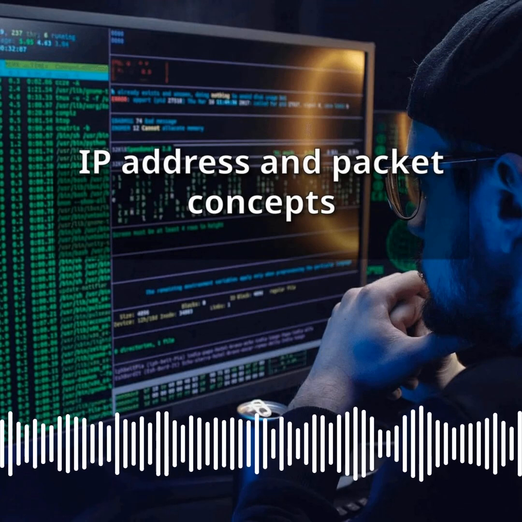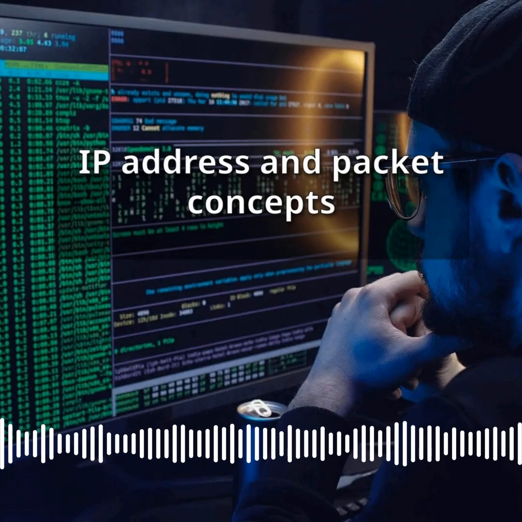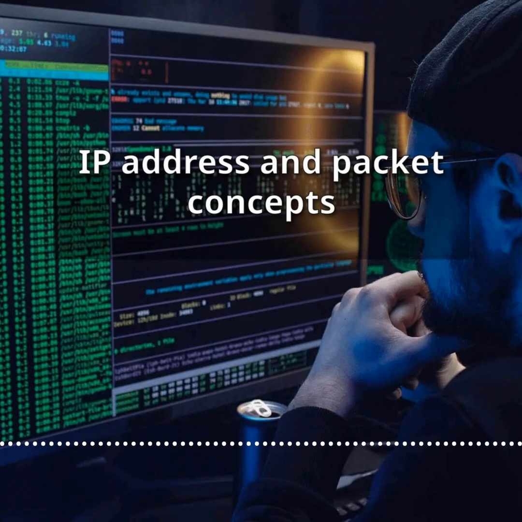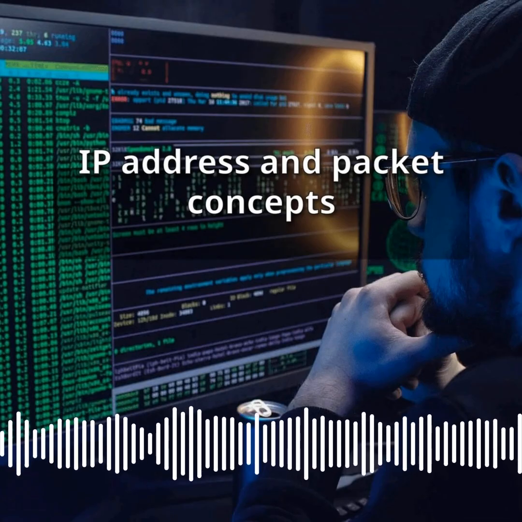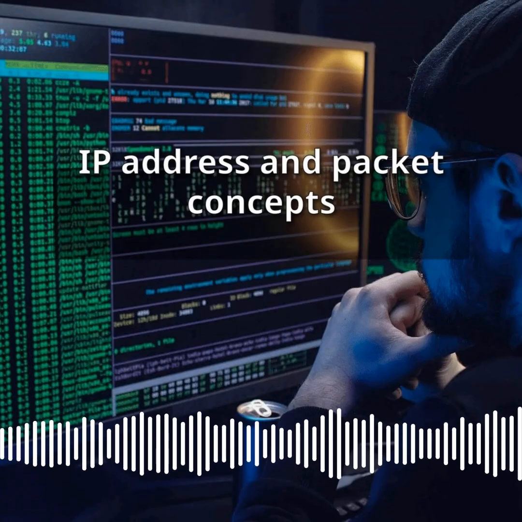When you mapped your home network in the previous activity, the addresses you found were almost certainly in the 192.168.x.x range. These are private addresses used inside your home or office network, invisible from the outside Internet.